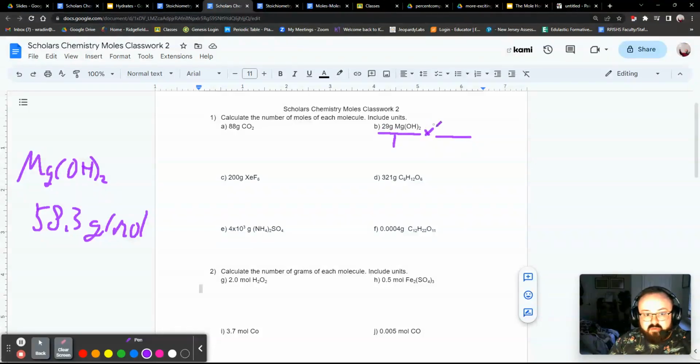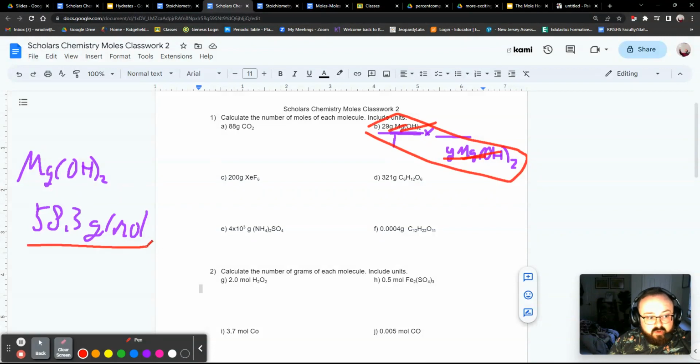Grams of magnesium hydroxide, grams of MgOH. I will say this again and again: the unit on the top must match the unit on the bottom, because then they're going to cancel each other out. Grams, grams, gone.